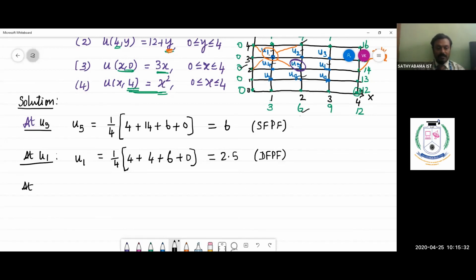Next, at the next point, U3. For U3 also, we can apply the diagonal 5-point formula, because all the diagonal values are known.